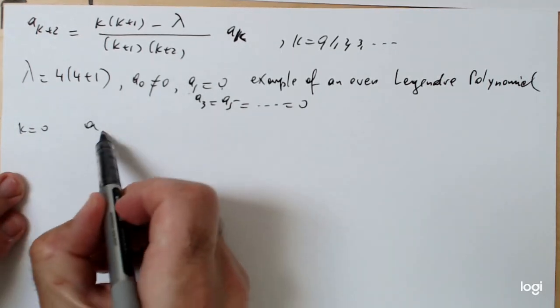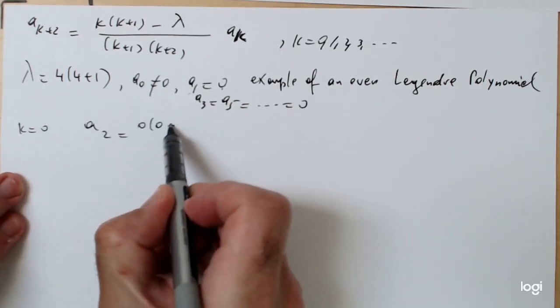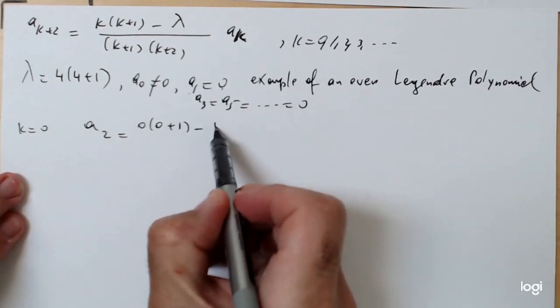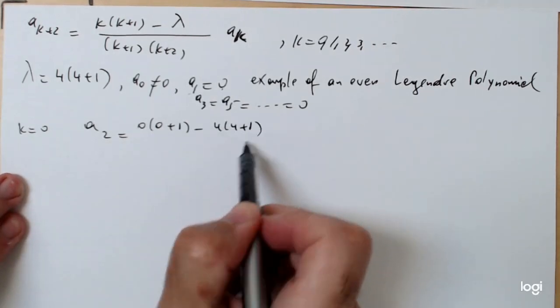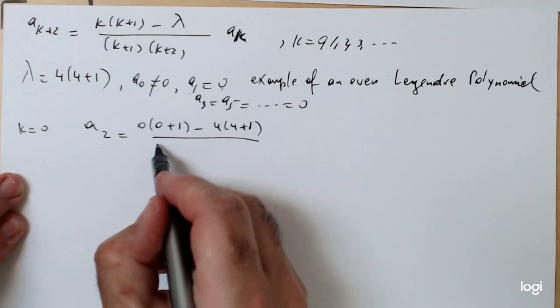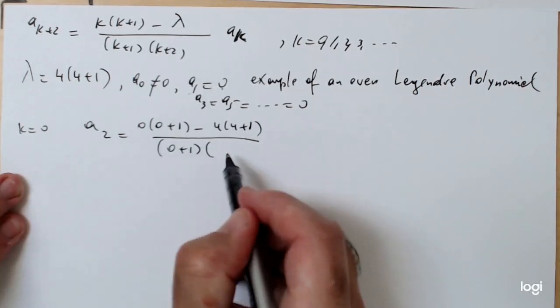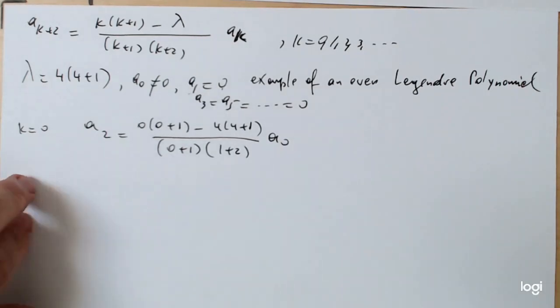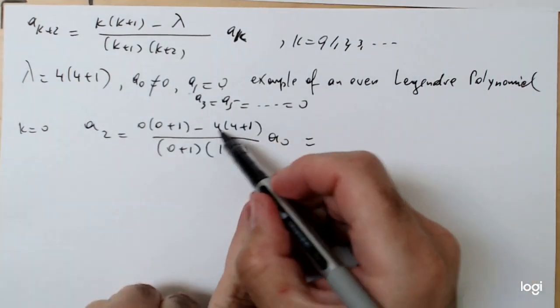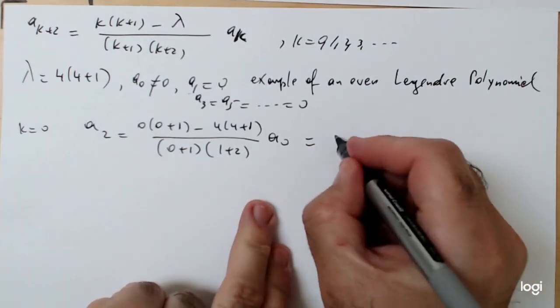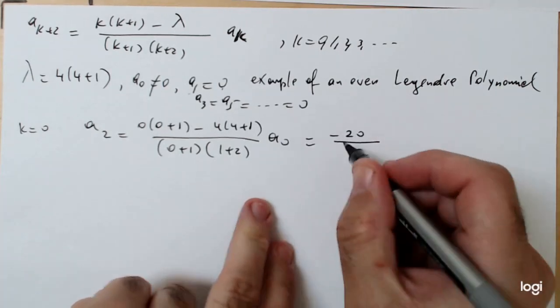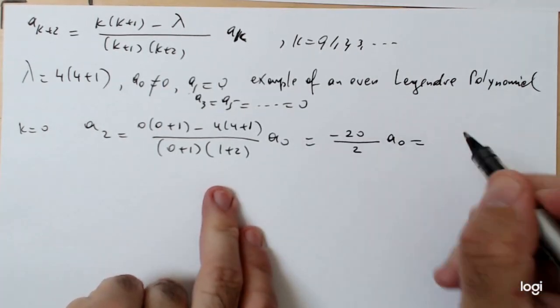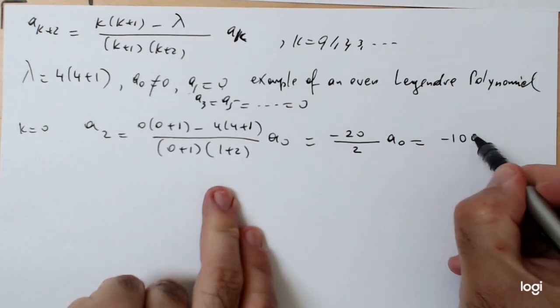That gives me a2 equals 0 times 0 plus 1 minus 4 times 4 plus 1, I'm going to keep it like that for a moment just to illustrate how this summation stops eventually, and a0. And so now let's simplify. Minus 4 times 5 on the top, that's minus 20 over 2. So the next coefficient is going to be minus 10 a0.